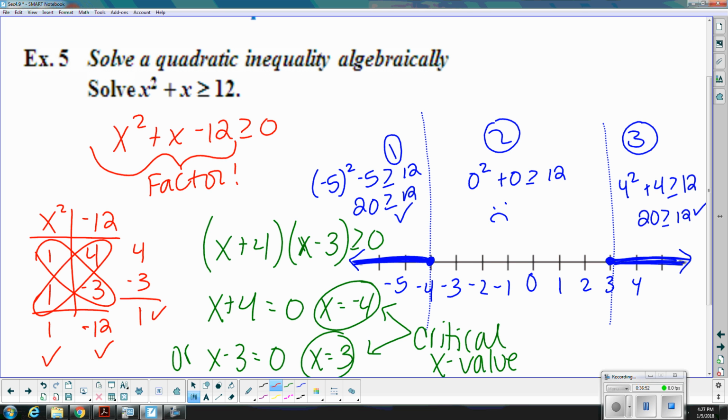So our solution here is x is less than or equal to -4, or x is greater than or equal to 3. Since you have an inequality, you can't just say x equals 3, x equals -4. Is it greater than or is it less than?